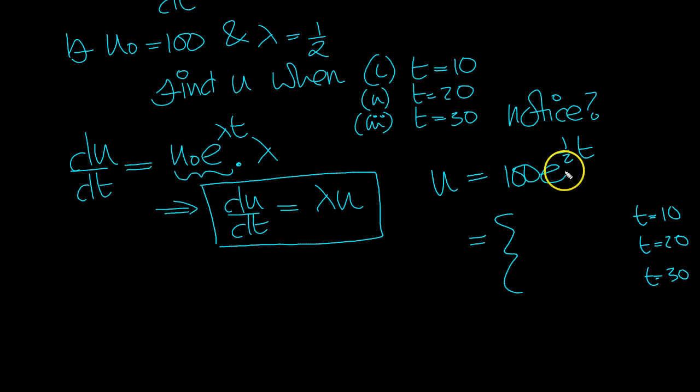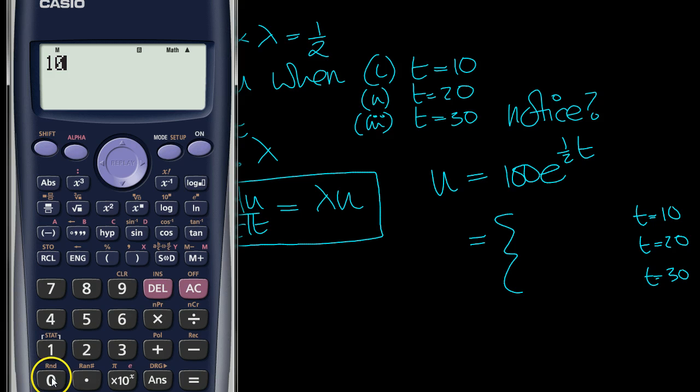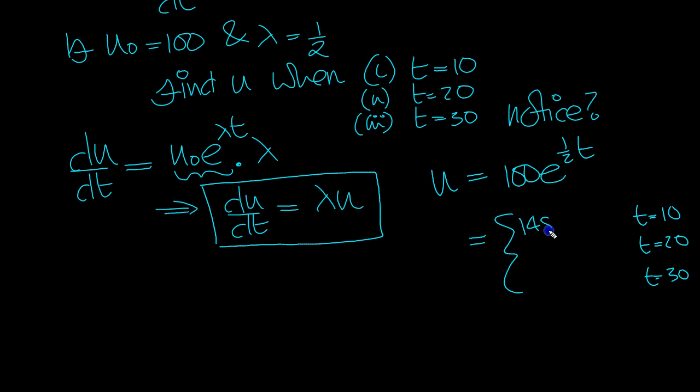Okay, so we get 100e to the 5, don't we, for the first one? 100 times e to the 0.5, a half times t, which is 10, equals 14841.dot dot dot.